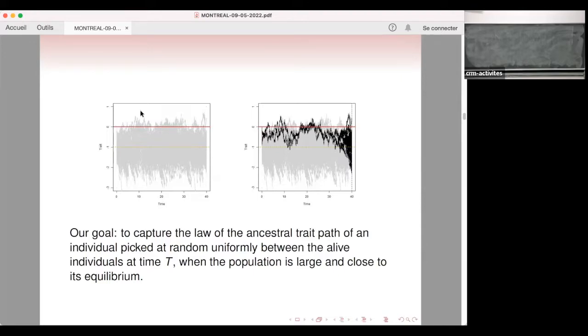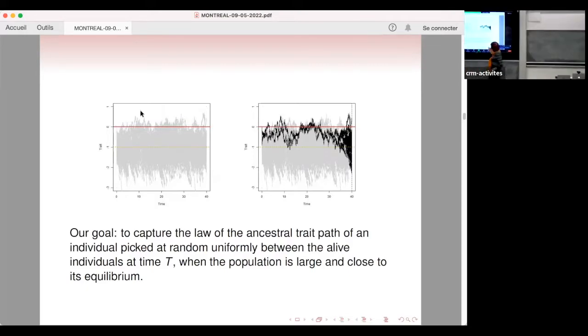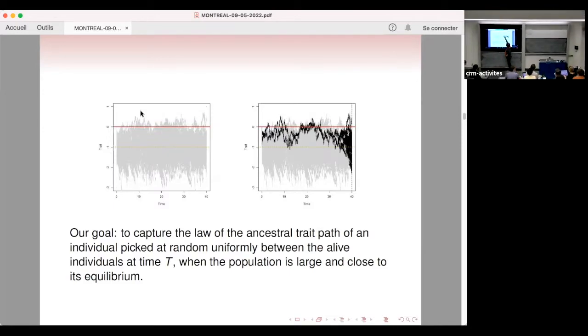You pick an individual at random at time T, and with the spinal approach, we will quantify approximately, when K is large, the trajectories from an ancestor to this individual trait. And we will also compute this in reverse time to know, from the individuals alive at time T, what are the ancestor traits explaining this profile at time T.